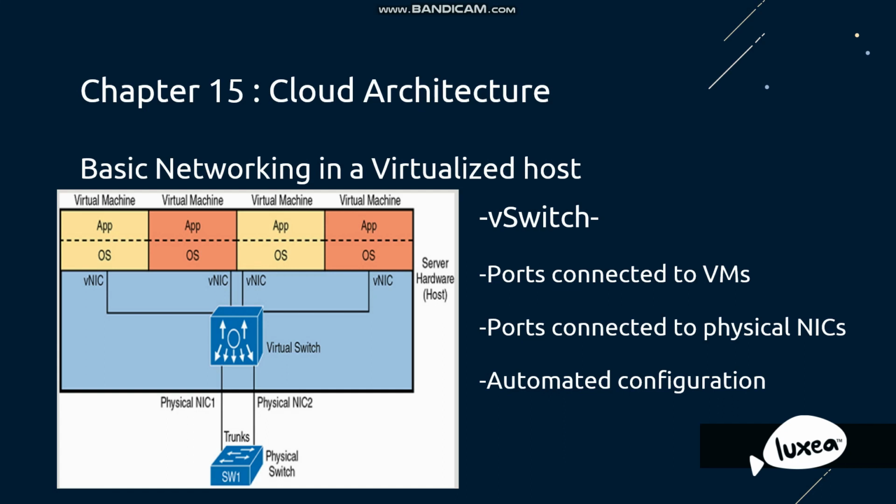The vSwitch uses the physical NICs in the server hardware. Third, automated configuration. The configuration can be easily done from within the same virtualization software that controls the VMs. This is based on the book. I couldn't find another great explanation for this, and I really think it is important to know.